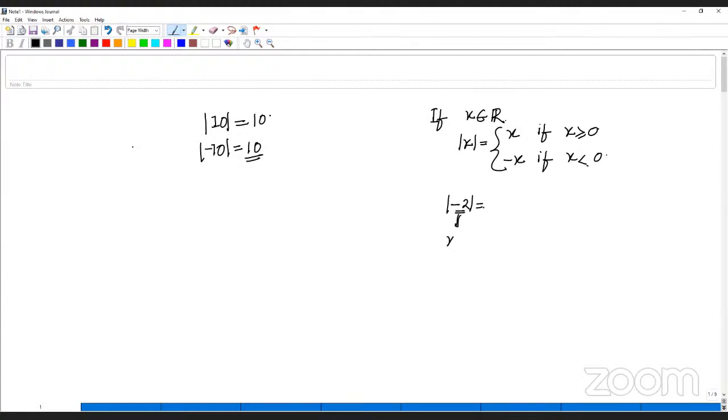Here x is minus 2, which is less than 0, right? Yes, sir. So the modulus is minus of minus 2, which is 2. So the modulus is always greater than or equal to 0. You are taking the absolute value, that is the modulus basically. Yes, sir. I didn't know about this concept. Okay, sir.